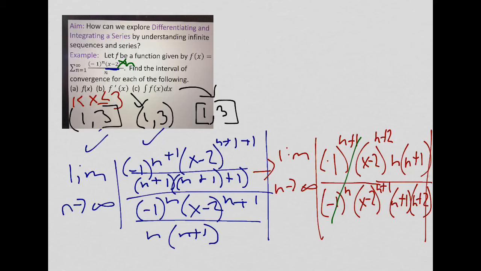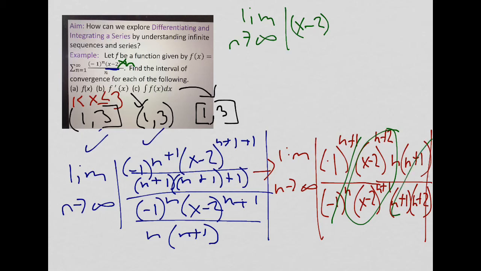Over here, we have n plus 2 minus n minus 1, so it's just x minus 2 to the first power. That's pretty cool to see occur. And then the n plus 1s cancel. So you end up looking at n over n plus 2 as our expression in our absolute value.